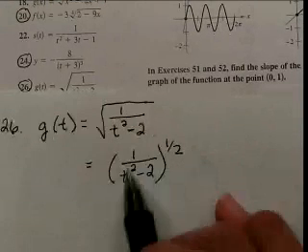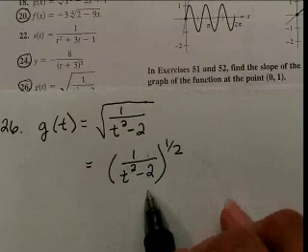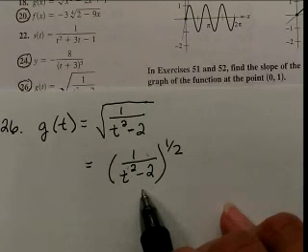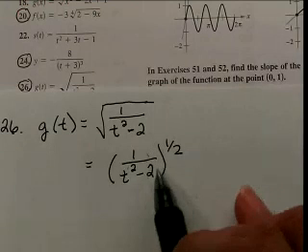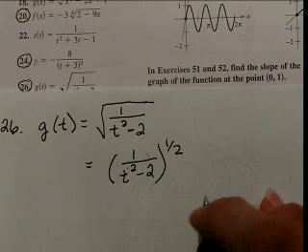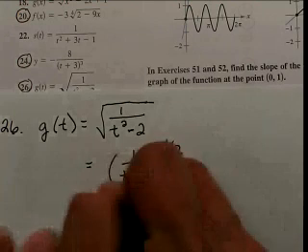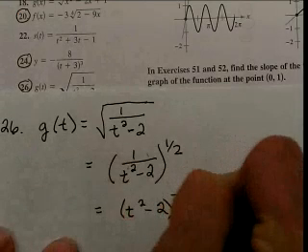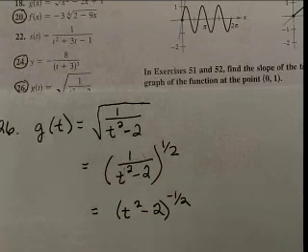And then I'd have to take the derivative of this ugly using the quotient rule. Is there a way that I can avoid using the quotient rule? Yeah. How? Get the t squared minus 2 out underneath the fraction. How? On the top of the -1. Put it to the -1, and then I'd have -1 to the 1/2. Why don't I go ahead and multiply those and say that's just t squared minus 2 to the -1/2. I've just made the calculus much easier.